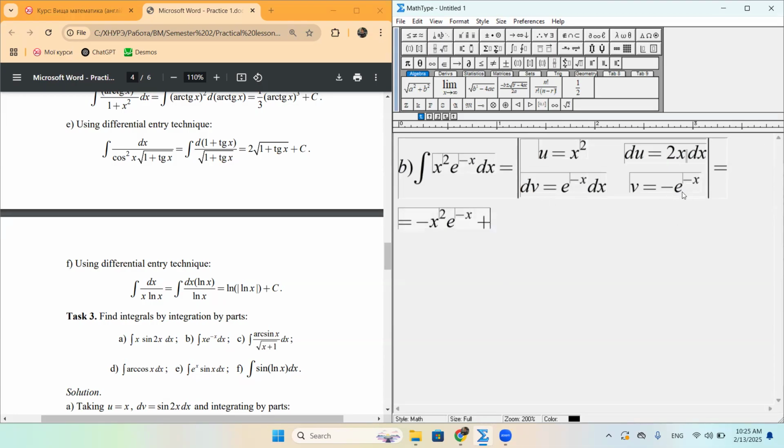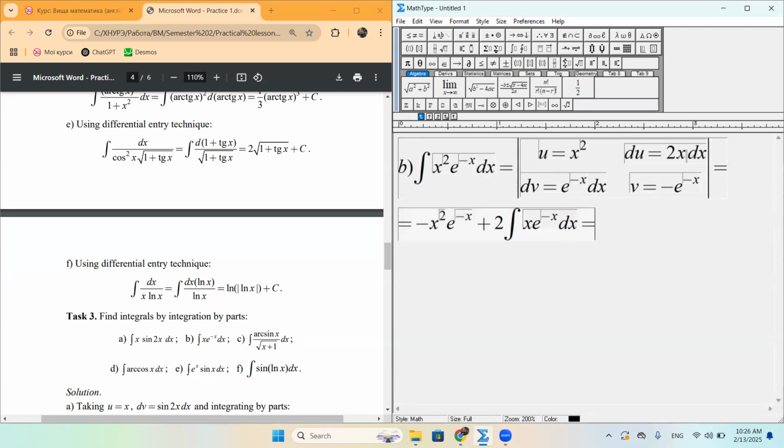Plus, because we have minus here, plus the integral of, let's move the 2 out of brackets, 2 x multiplied by e to the power of minus x dx.